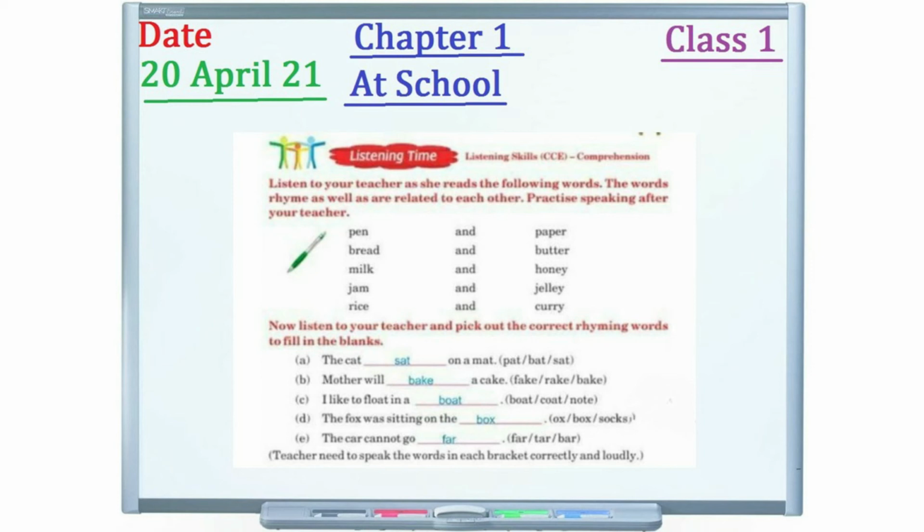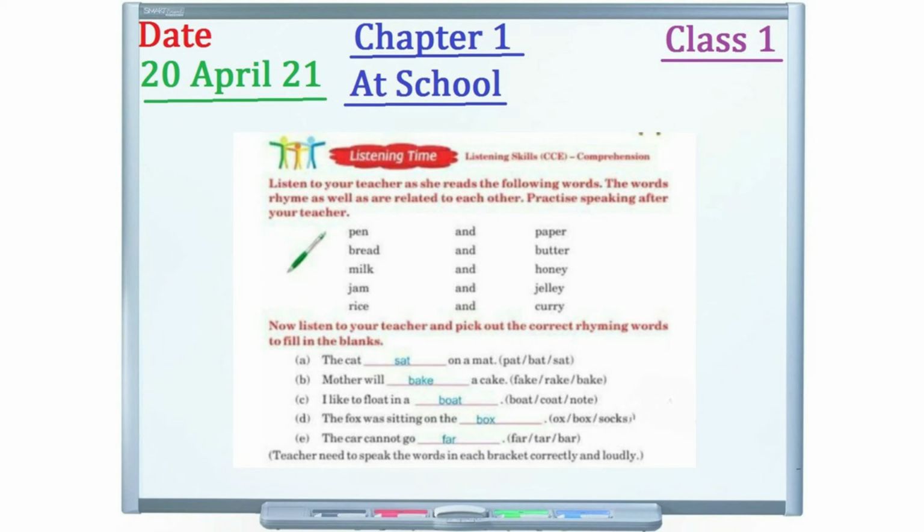I like to float in a boat. BOAT boat. The fox was sitting on the box. BOX box. E. The car cannot go far.